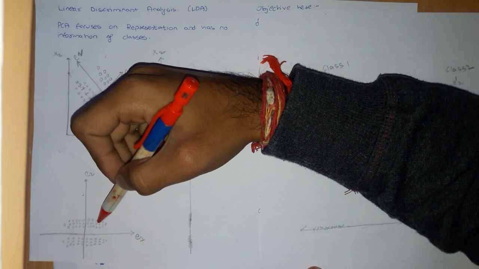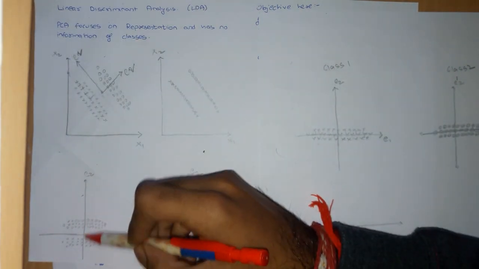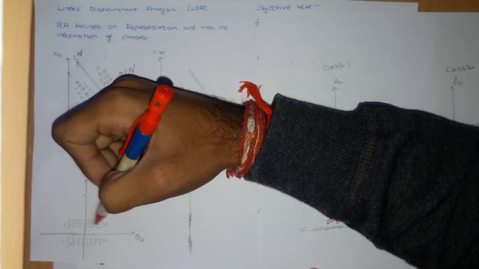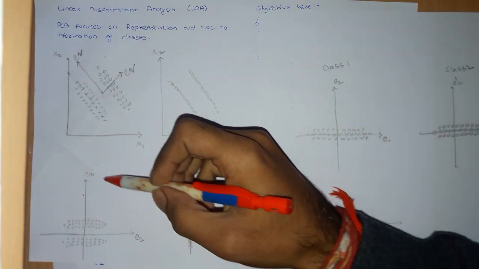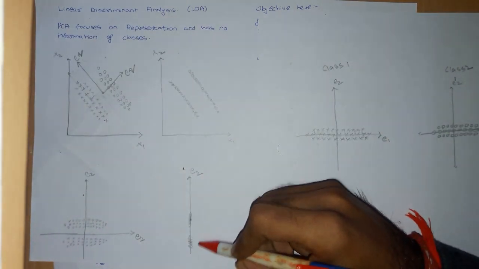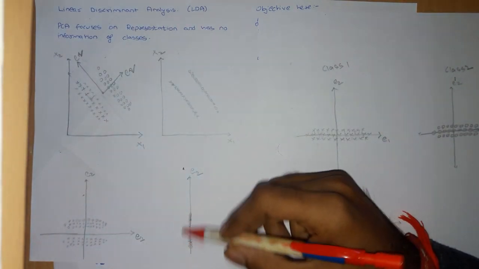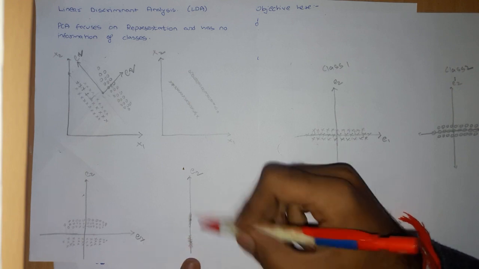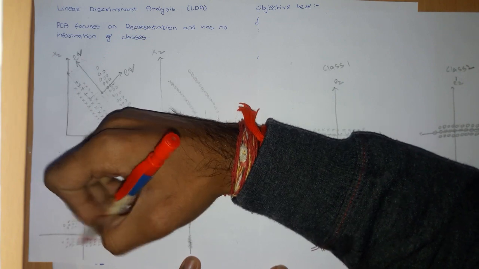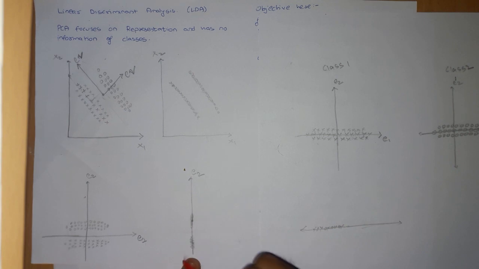But if instead of projecting on E1, I remove E1 and project the data on E2, this axis, then you can see this sort of graph can be acquired. Here I can project every point on this axis, and you can see now both of these are linearly separable.